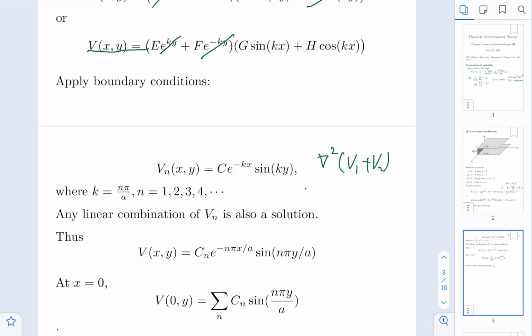If you take the Laplace operator on V1 plus V2, it is simply the Laplace operator operating on V1 only plus operating on V2 only. If the first one is 0 and the second one is 0, then the final result should also be 0. This means I can simply write this as a sum over all these possible solutions.